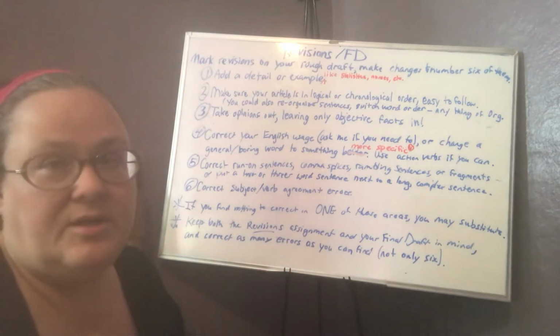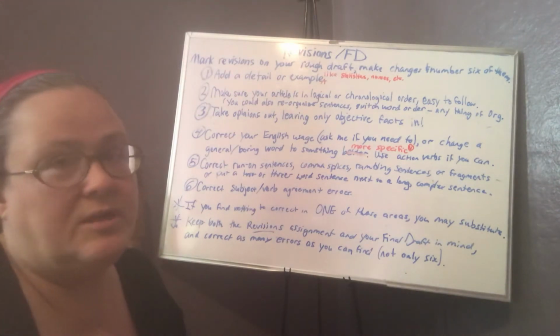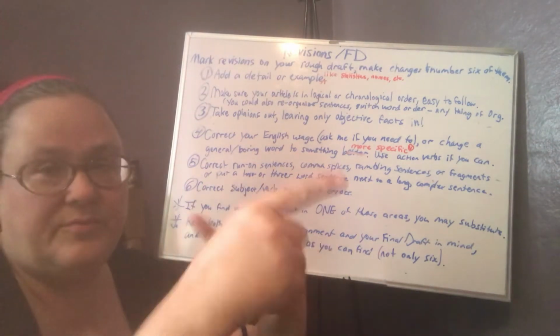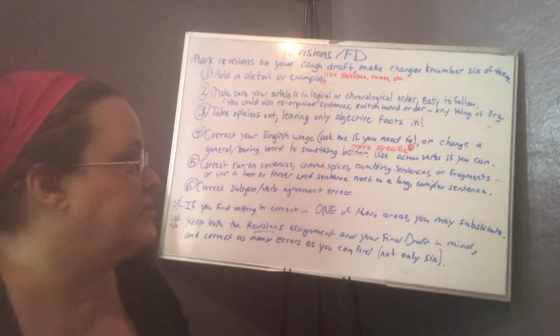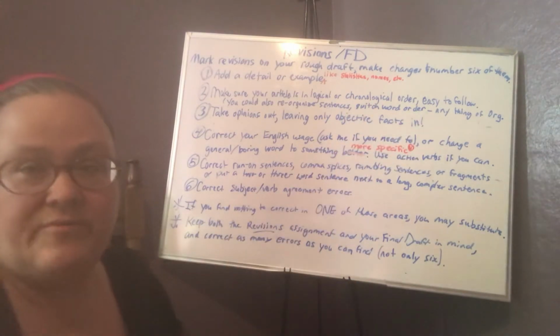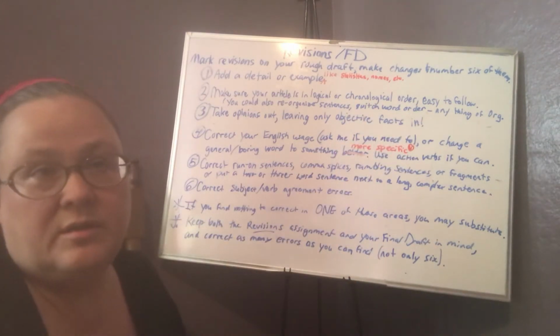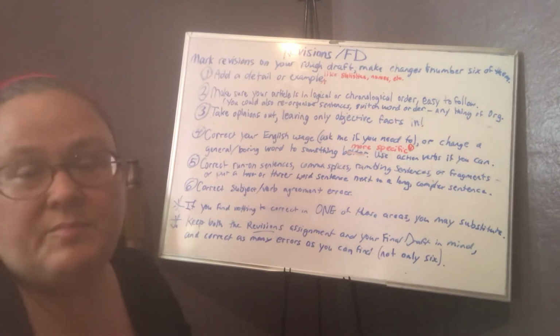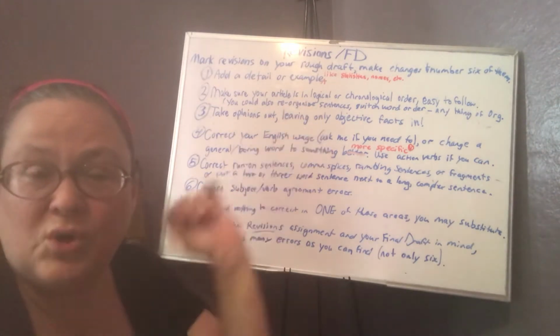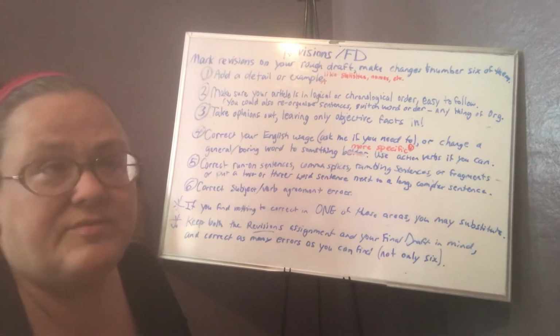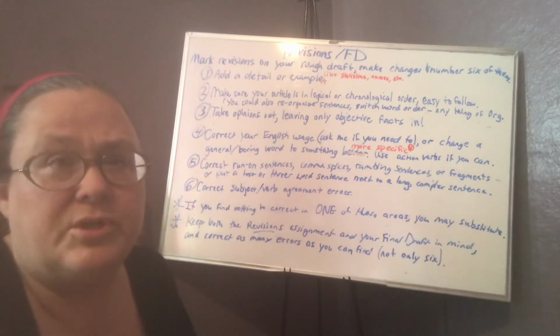So instead of saying she had beautiful long hair, you could say she had long, beautiful hair. Okay, so that counts as an organization thing. Anything where you have to change the order of something, or maybe you have a big block of words and you need to put paragraphs in. That could work for number 2 also.